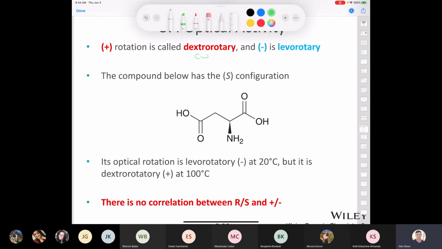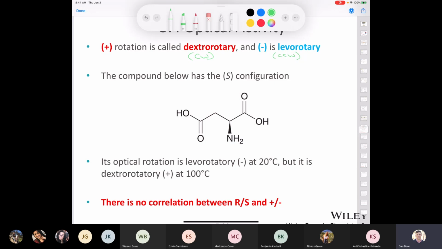This is the rotation of light, not R and S. And levorotatory means it's rotating counterclockwise, or in the negative direction. Also, something else that's important for you to know is that optical rotation depends not only on the path length of the sample and the concentration, it also depends on the temperature.